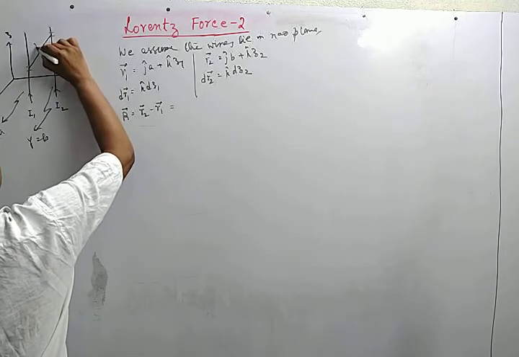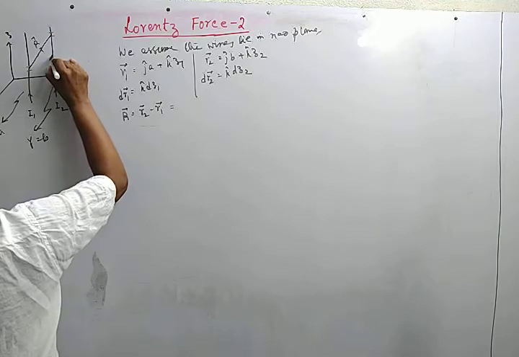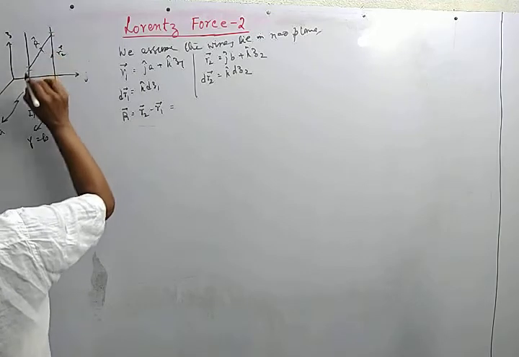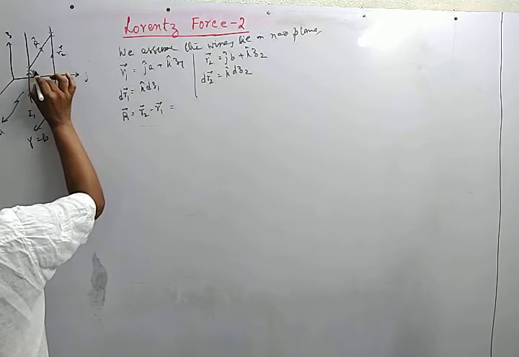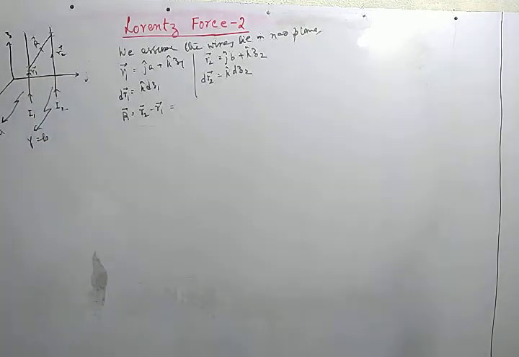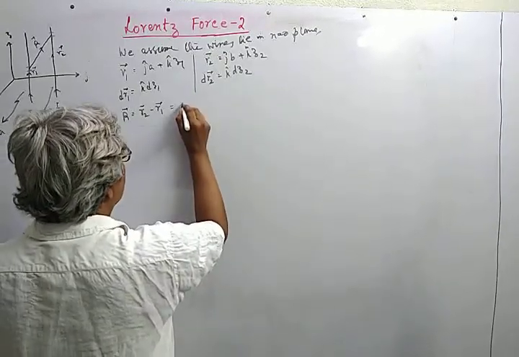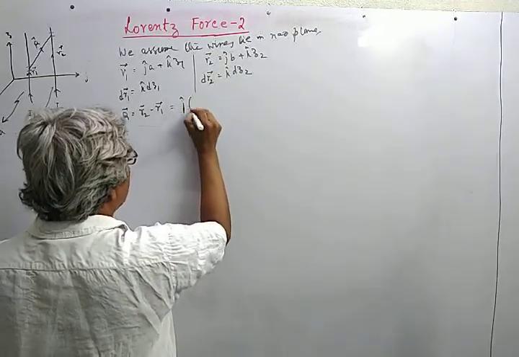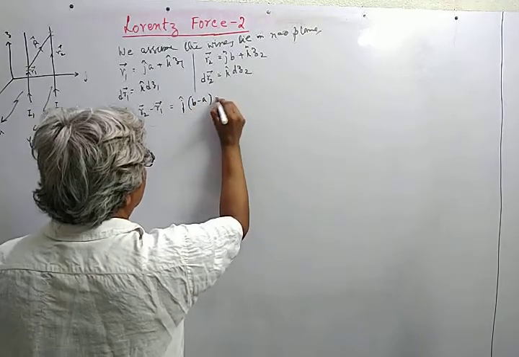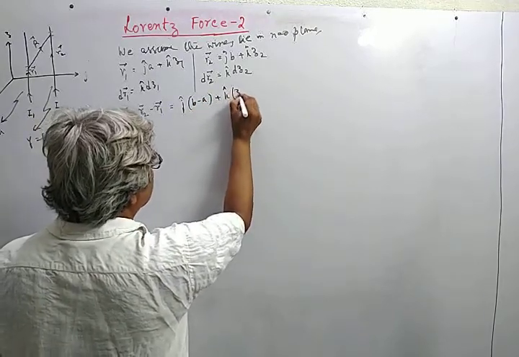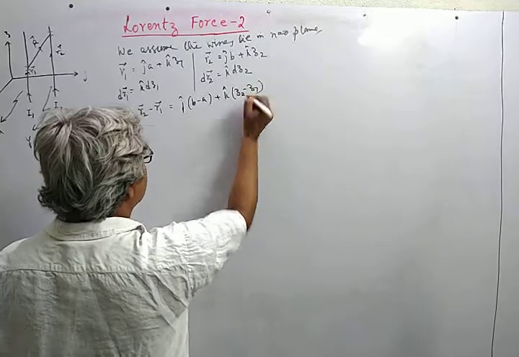This is capital R, this is R2, and this much is R1. So r is equal to j cap (b minus a) plus k cap (z2 minus z1).